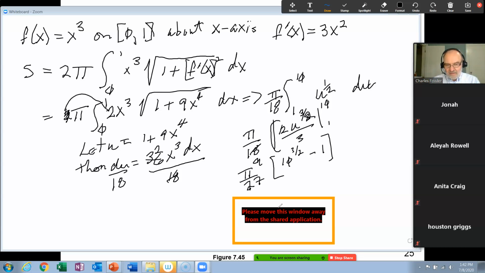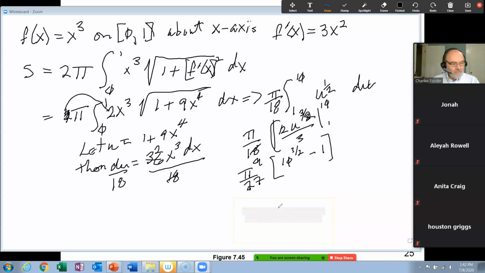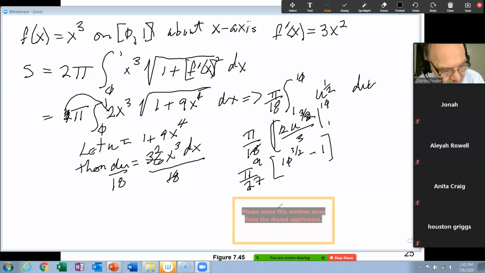And press equal. And multiply by pi. And divide by 27. And I got about 3.563. That's exactly what they got. Okay, good deal. So not only did we do it right, we got the same answer they did.